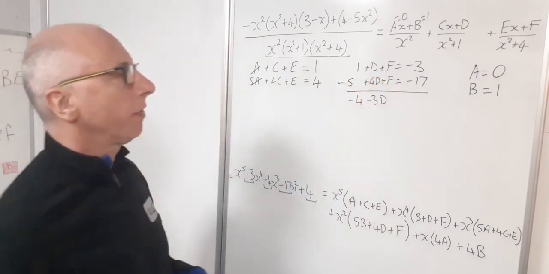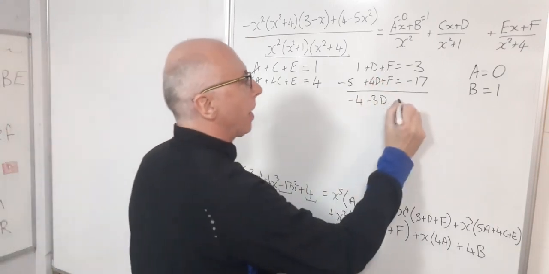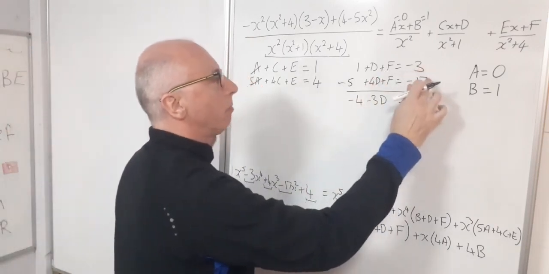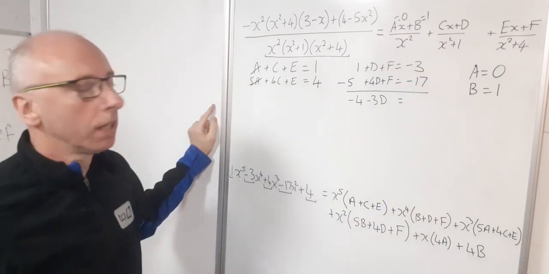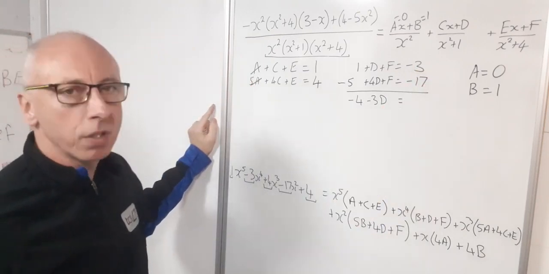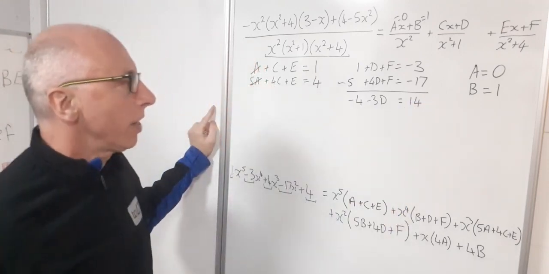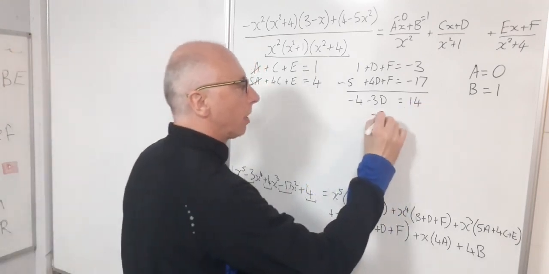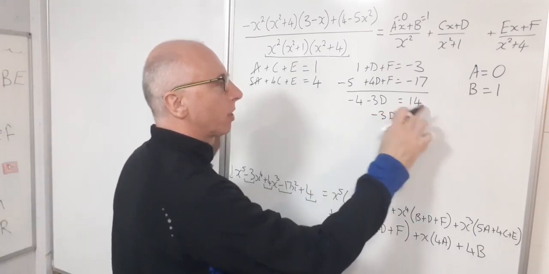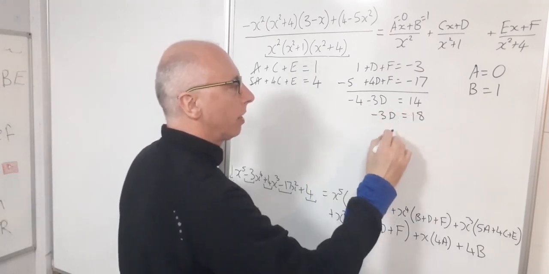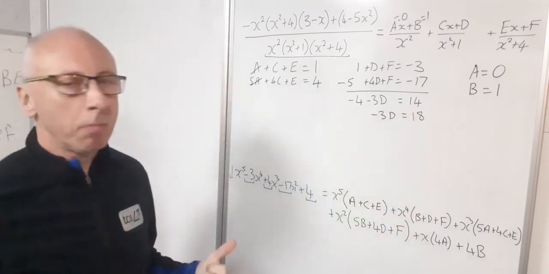And f minus f, that disappears. And then I've got minus 3 minus 17. So that's going to give me plus 14. Okay, so now minus 3d, add 4 to both sides, that's going to give me 18. So therefore d equals minus 6.